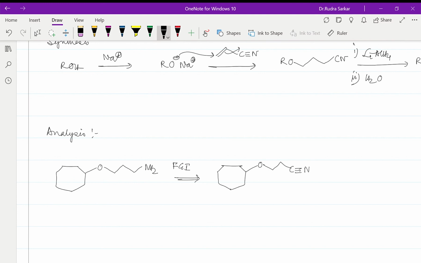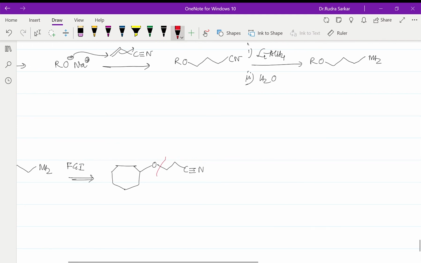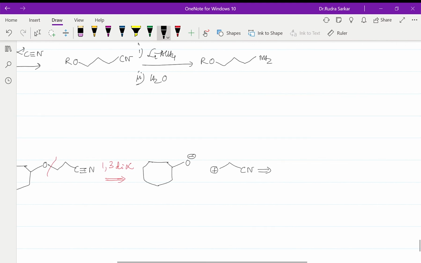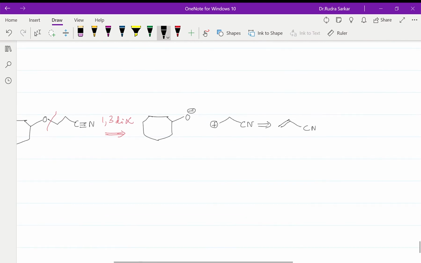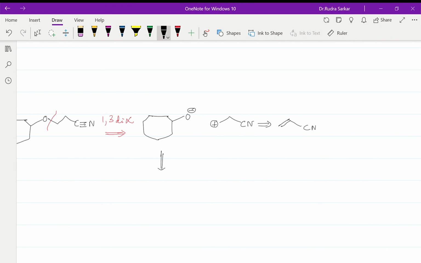Triple bond N. We do 1,3 type of disconnection. So what do we get over here? That is this one, and plus this one. Starting material will be what? This. For this one, what will we think?